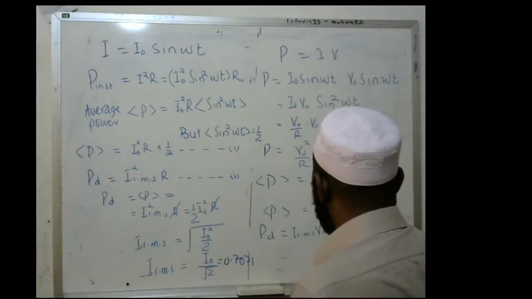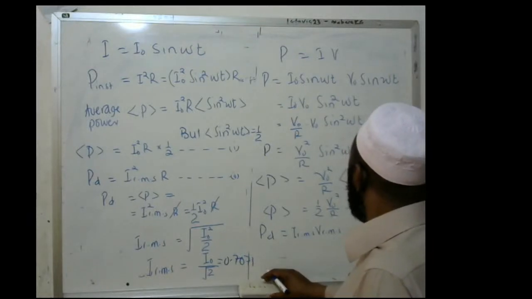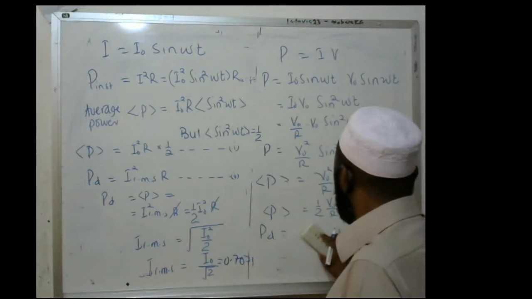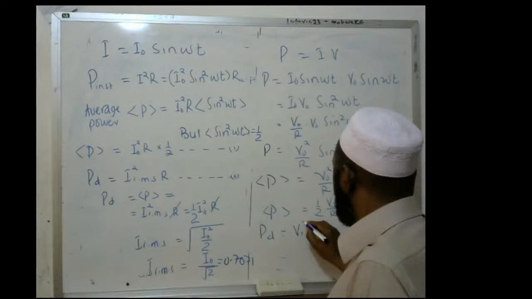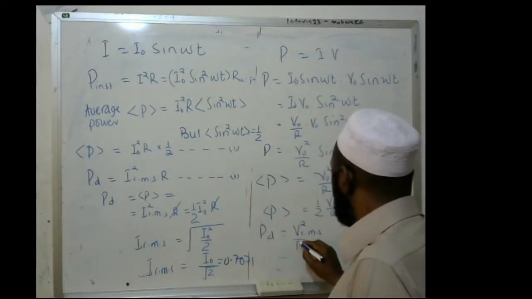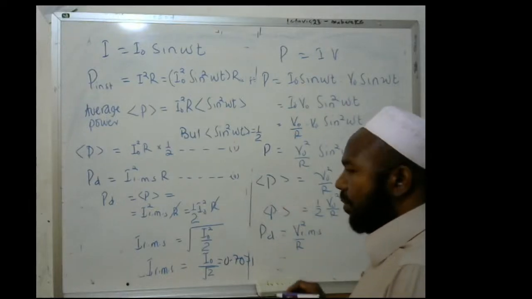So when we substitute for current, it's going to be V RMS squared over R, and that power is equal to the average power.